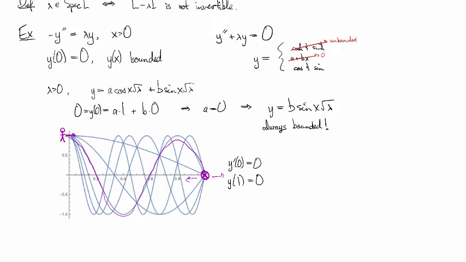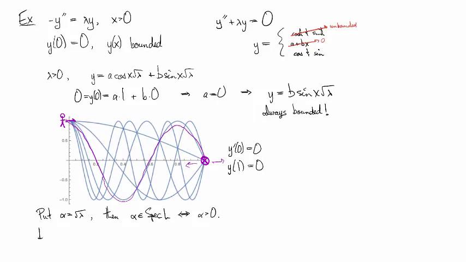It just needs to be a positive number. So if we put alpha equal to the square root of lambda, then alpha is in the spectrum of our operator here, let's just call it L, if and only if alpha is positive. So any positive number will work.